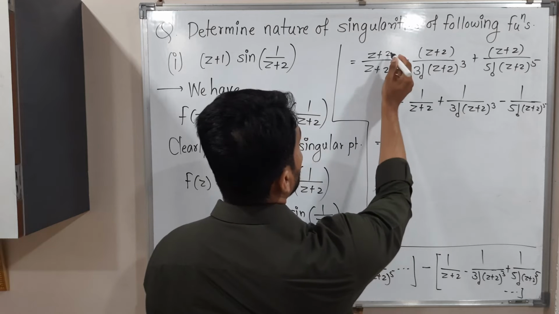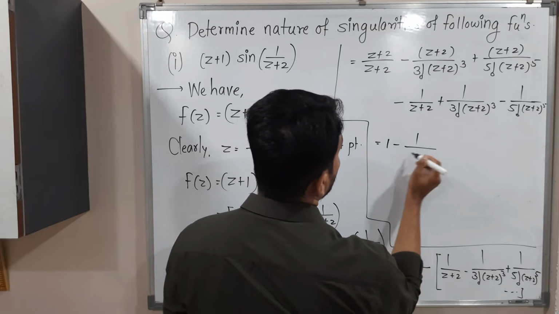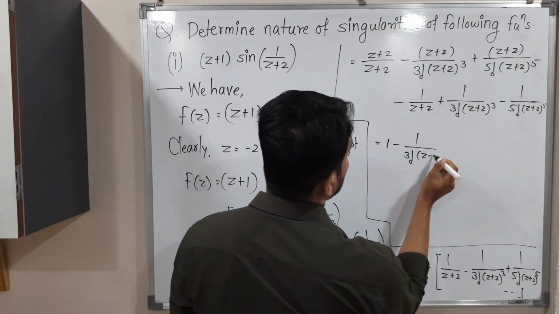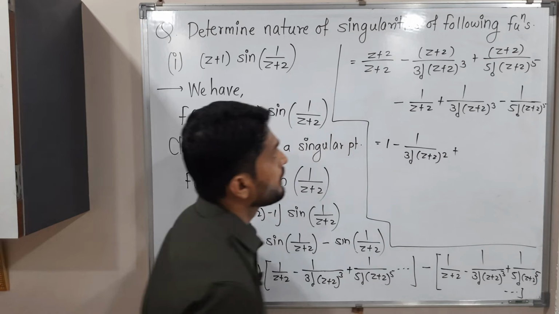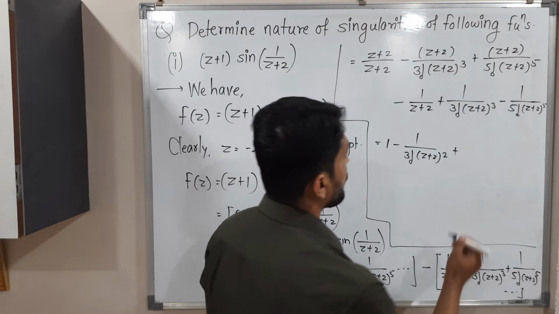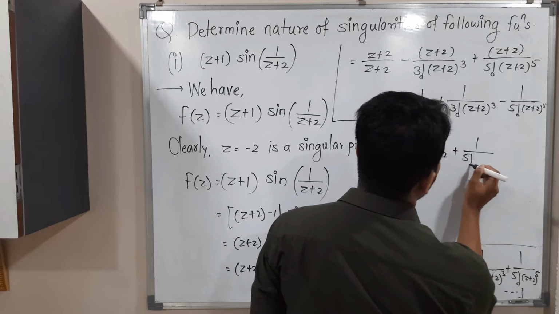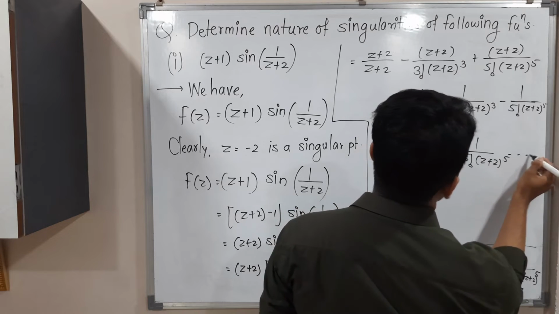So this is equal to, one bracket will get cancelled, 3 factorial z plus 2 square, since by cancelling one bracket we have this. Here one bracket will get cancelled again, z plus 2 z plus 2. So we will have 1 upon 5 factorial z plus 2 raised to 5, and so on.